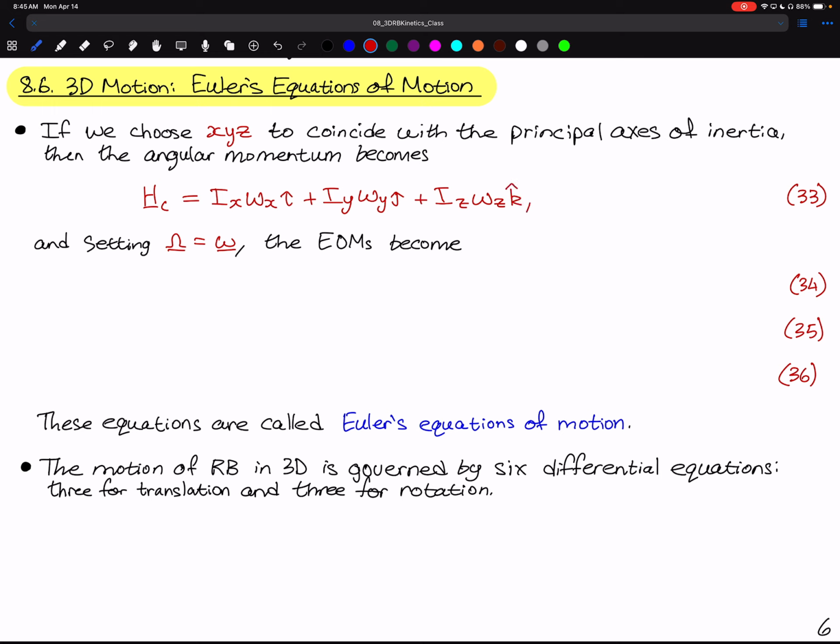Setting our capital omega equal to lowercase omega, our equations of motion become: the sum of the moments in the x direction is equal to Ix times omega x dot minus the quantity Iy minus Iz times omega y times omega z.